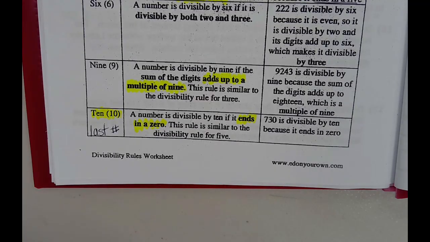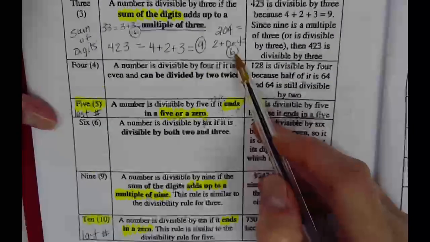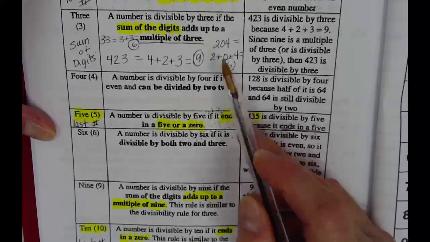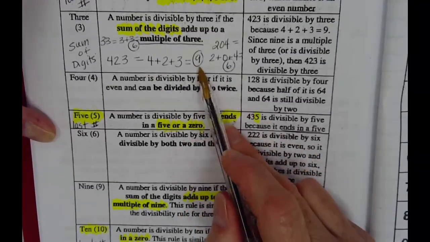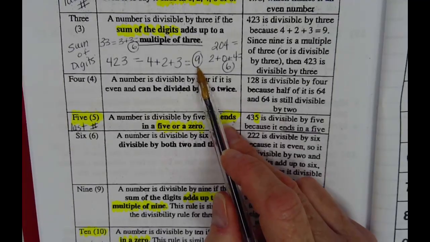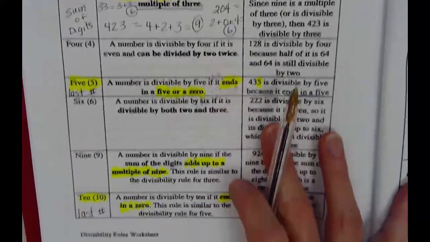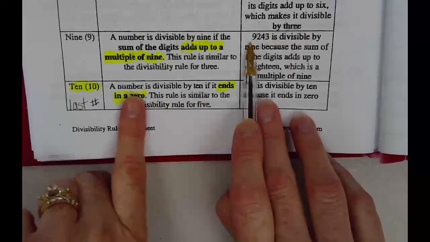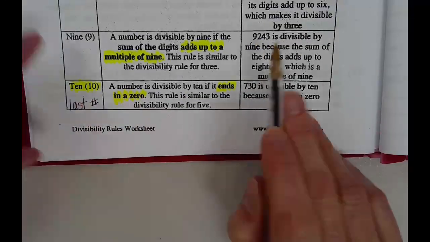Are they the same as the multiples of 3? No. If I add up and I got 6, is that going to work for 9? No. But would this one, 423, work for 9? Yes, because you get 9 for an answer. All right, so the number is 9,243.